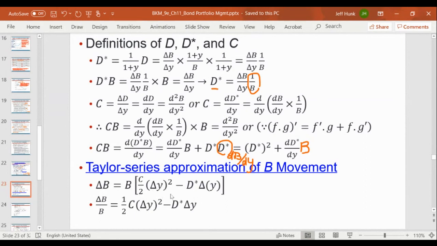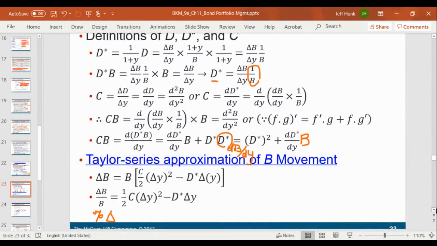Also, if we can write it this way, we can also write it this way, right? Because we divide both sides by, and then this becomes the percentage change in bond price.